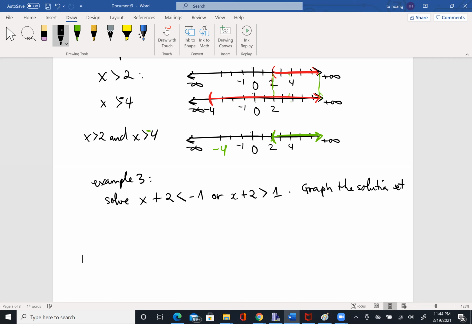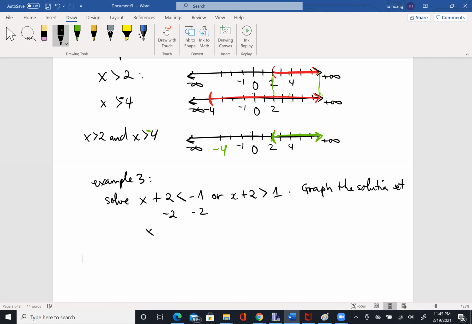Okay. So the first step is always to solve for each inequality, right? So I have -2 on both sides for the first inequality.